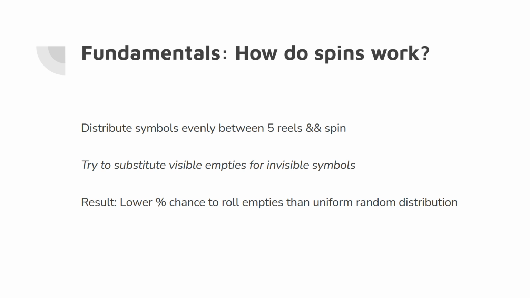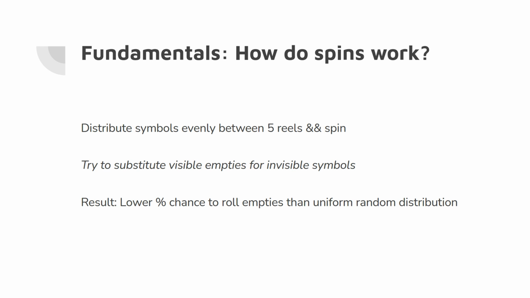Roughly the algorithm for determining this is distribute the symbols that are in the inventory evenly between the 5 rails and spin. And then once the spin gets locked into place, when there are any visible empties on the board, we'll try to get them substituted for invisible symbols.